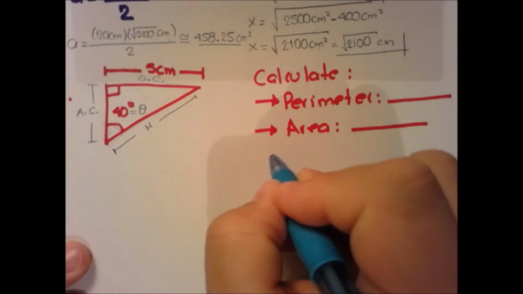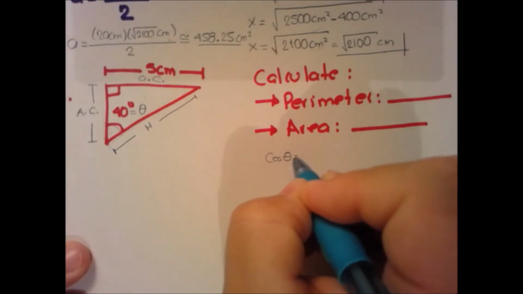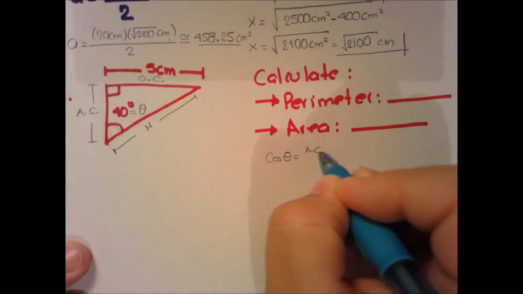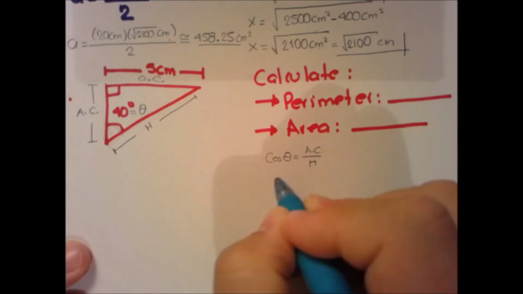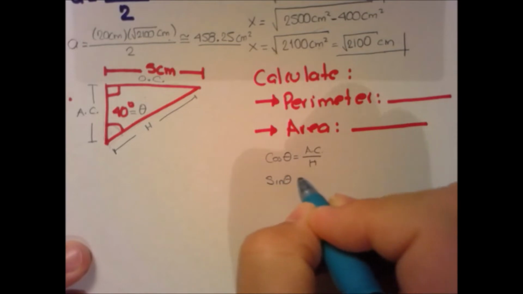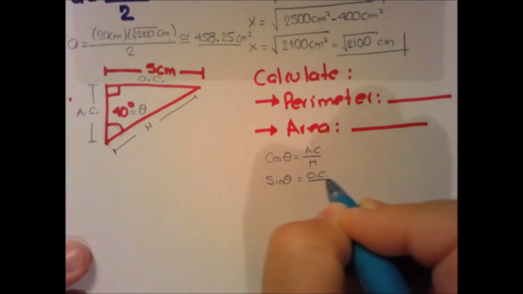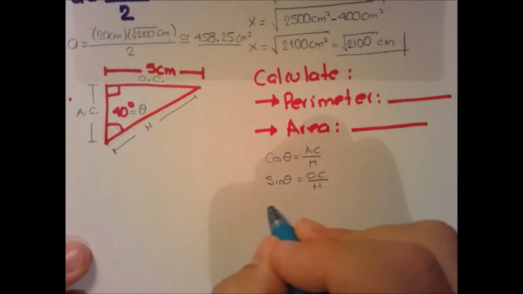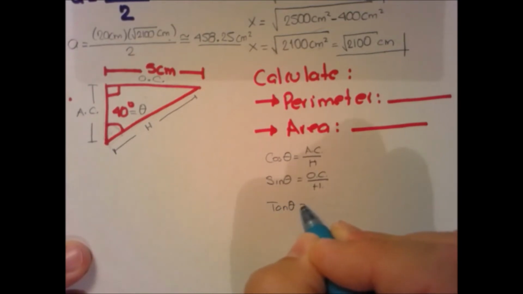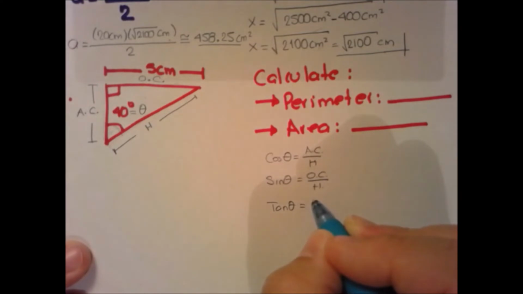The first one is the cosine of theta, that is adjacent cathetus over hypotenuse. I have sine of theta, that is opposite cathetus over hypotenuse. And I have tangent of theta, that is going to be the opposite cathetus over adjacent cathetus.